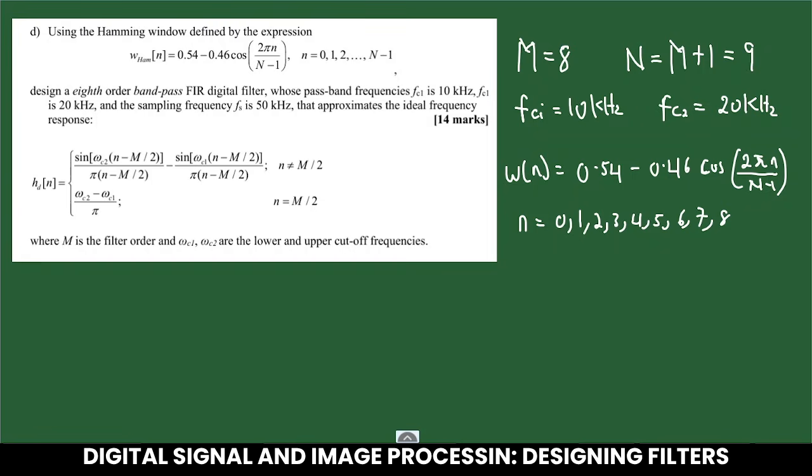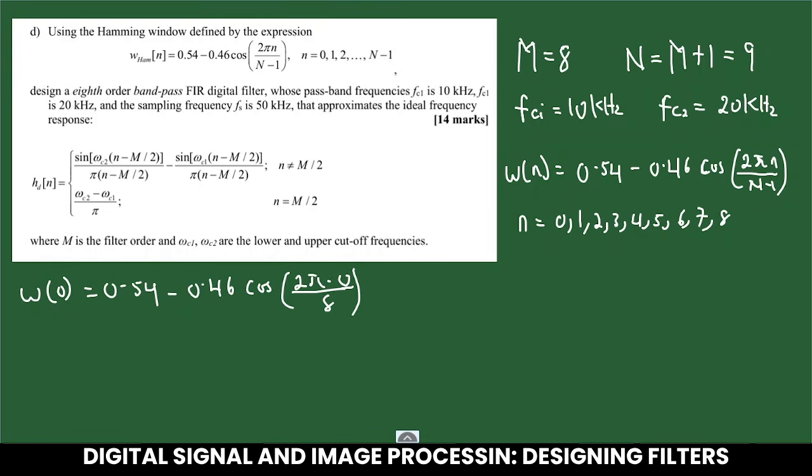Yes. So what you do is you start calculating for Wn. You substitute the values for 0 up to 8 in this expression. That's the Hamming window expression. So let's start for 0. W0 is equal to 0.54 minus 0.46 cos 2 pi times 0 all over N minus 1, and N is 9, so N minus 1 is 8.